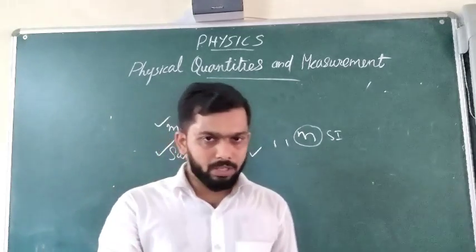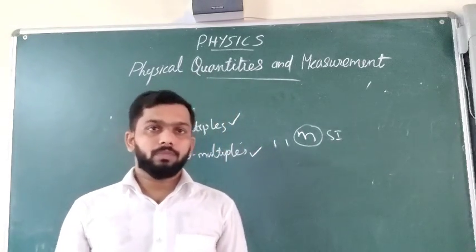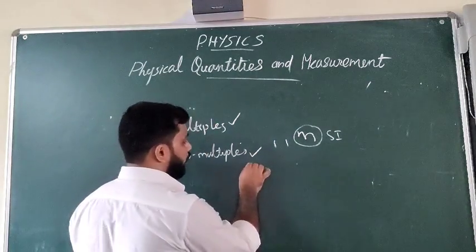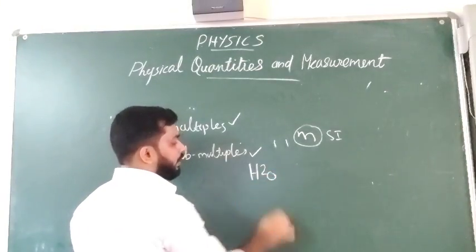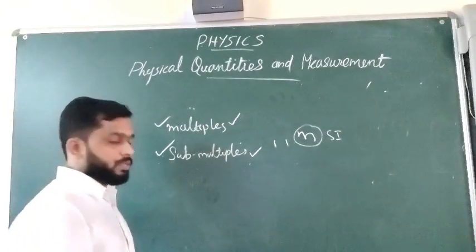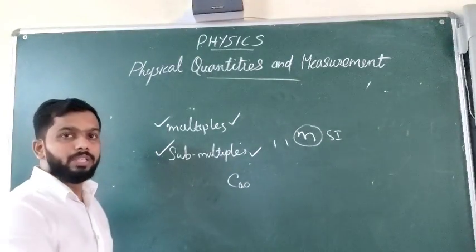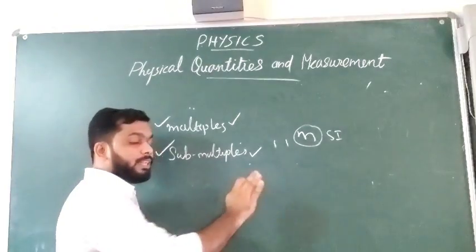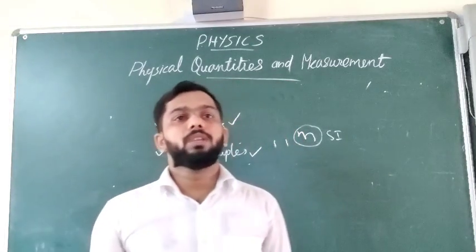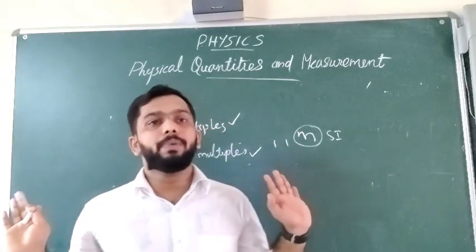In the exam I asked you to write the symbol, and I saw that some people were writing H2O like that, and when I asked for calcium oxide, some people were writing CaO. There are some rules which should be followed when you are writing a symbol. If you are not following these rules, your answer will be wrong.